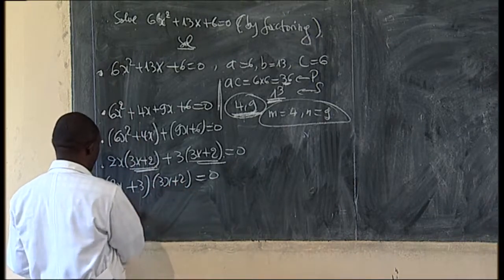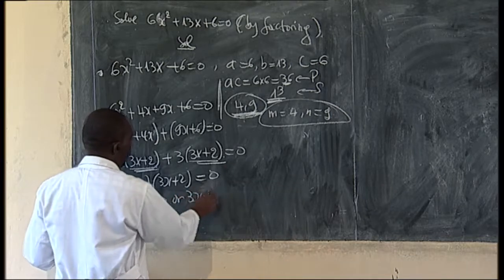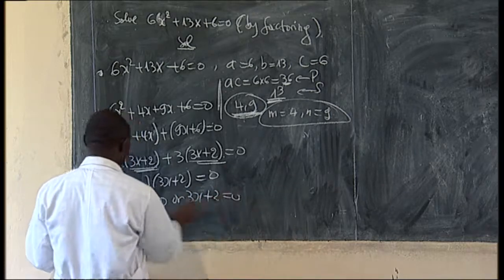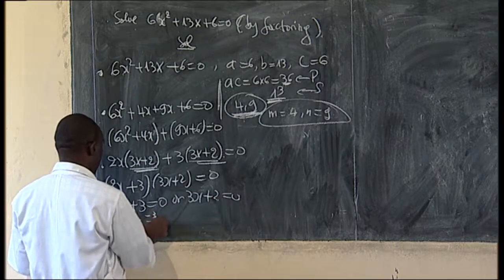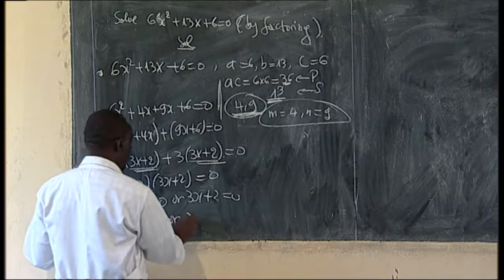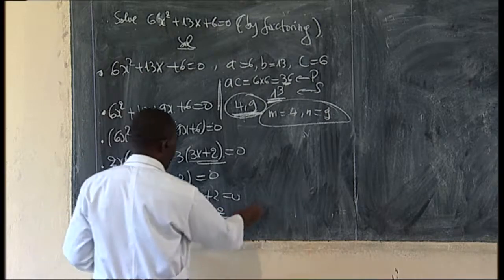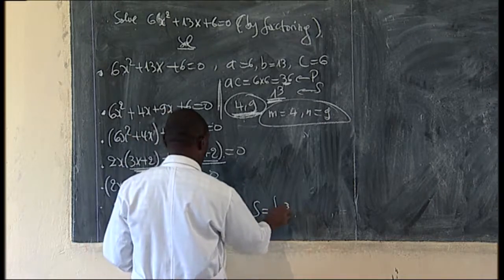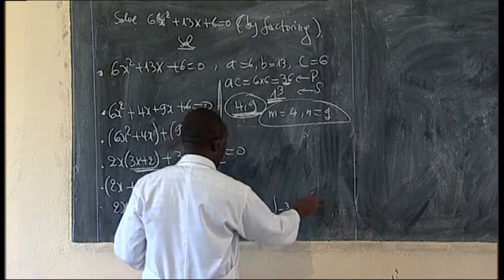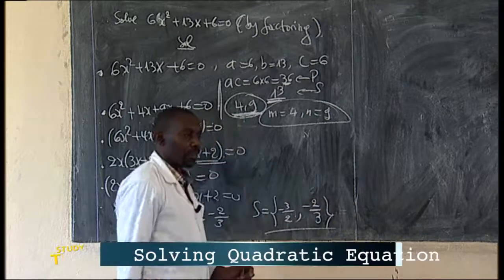I have 2x plus 3 equals 0, or 3x plus 2 equals 0. Solving for x, I get minus 3 divided by 2, and here x is minus 2 divided by 3. And of course, the set of solutions, don't forget, is minus 3 divided by 2 and minus 2 divided by 3. And we are done with this method.